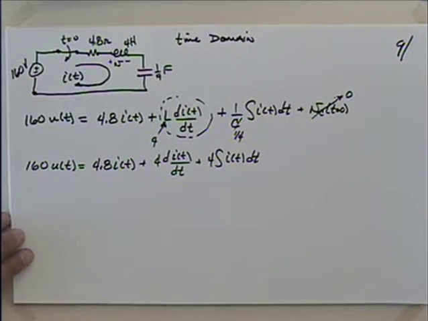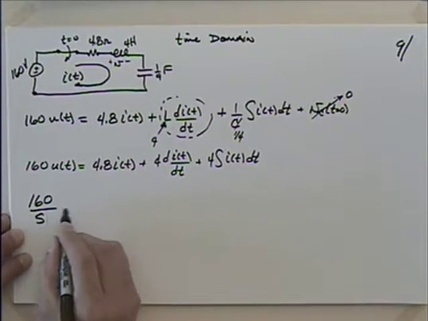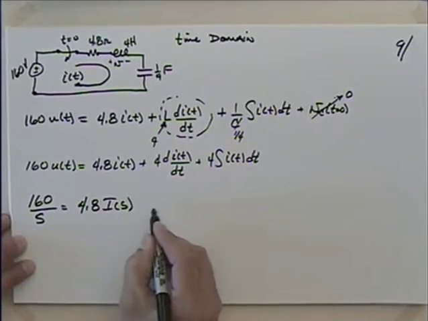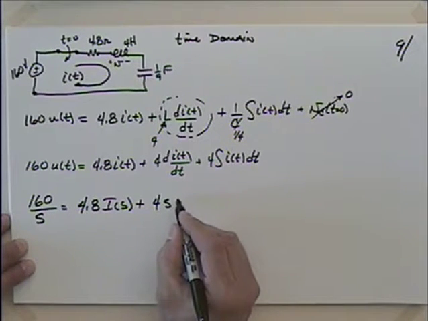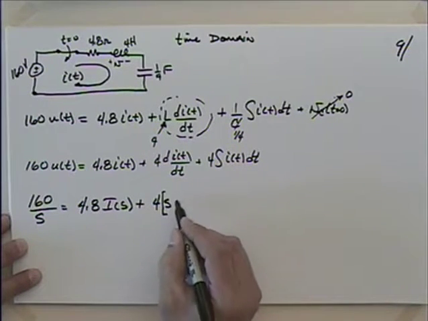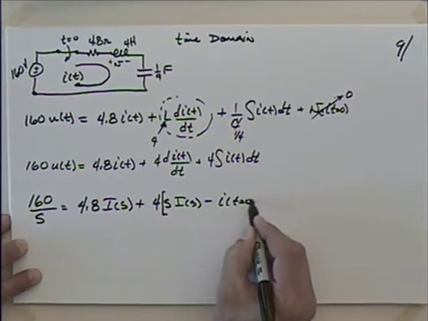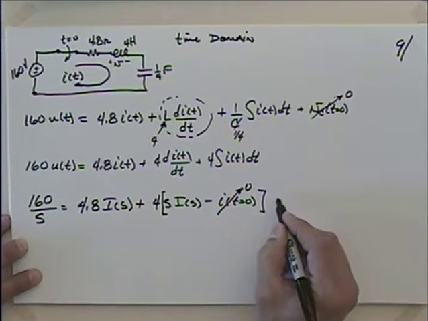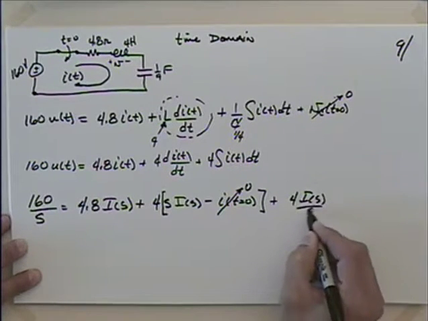So we're ready to take the Laplace transform, right? So I have 160 over s is equal to 4.8 I of s plus 4s times I of s. And maybe I should be a little more careful with this one. I'd have 4s I of s minus I at t equals 0, and there's no initial energy, so that was 0. Plus then 4 I of s divided by s.